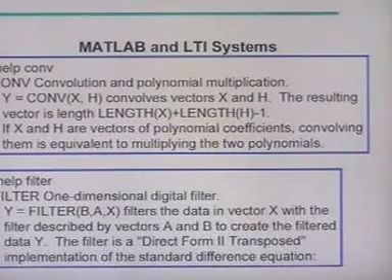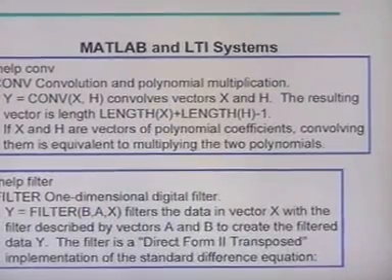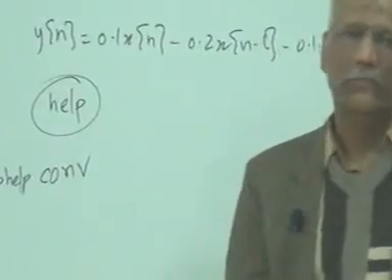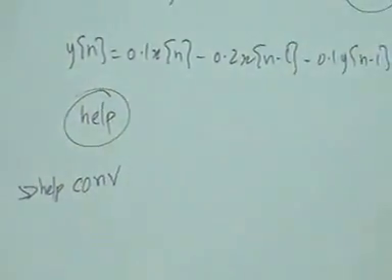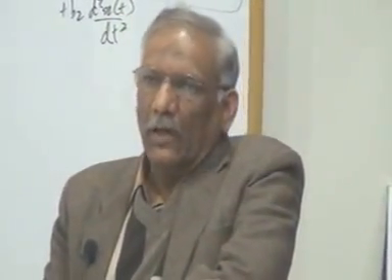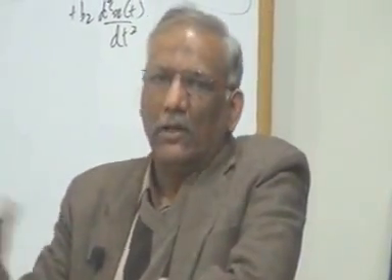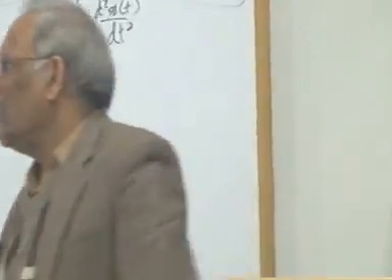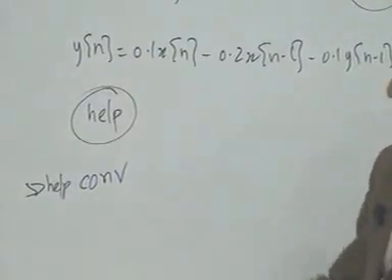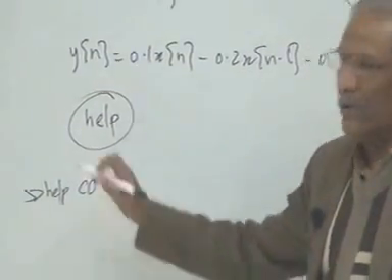If you don't know how to use this command, at the prompt just type help with one gap CONV, and it is going to tell you complete details about how to use the command, and a sample example also. You can just change the values and see how these things work. So learning MATLAB, using the help, is very, very simple. But the problem with help is you need to know the command itself.